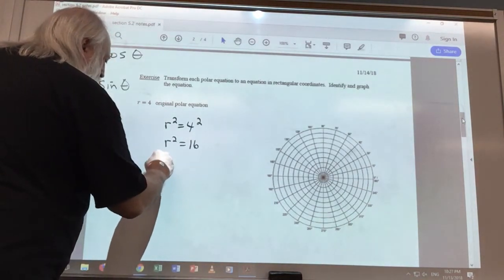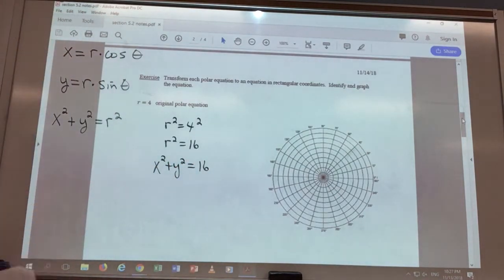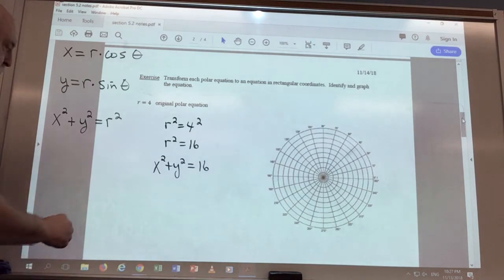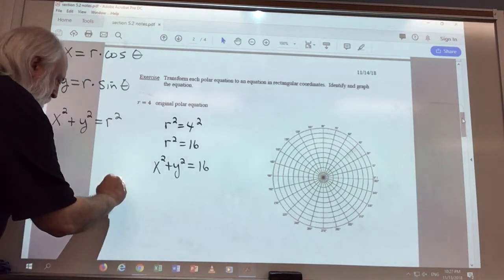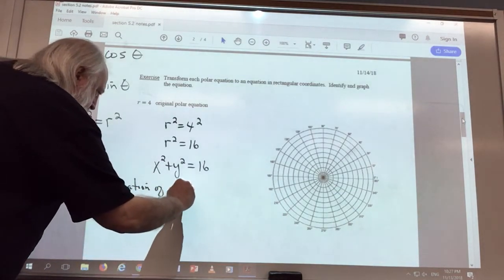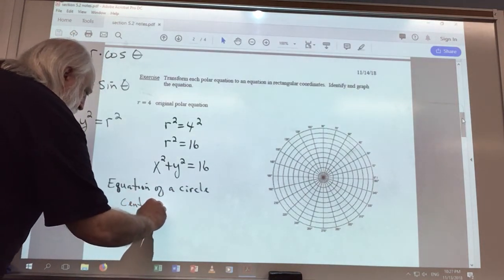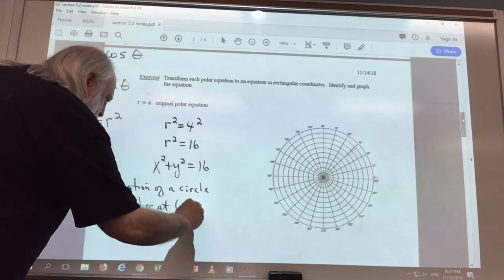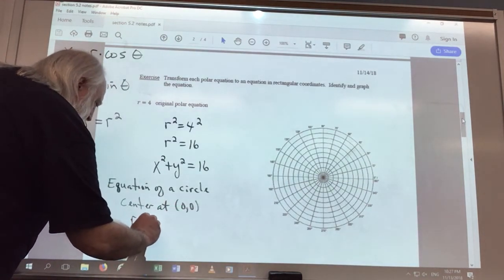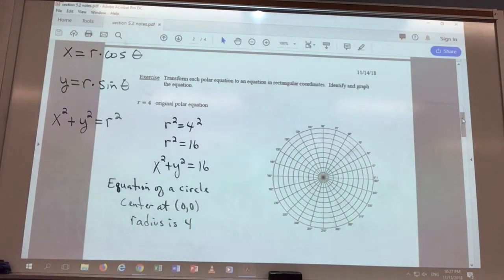So when I replace r squared with x squared plus y squared, you should immediately recognize that that's the equation of a circle where the center in the coordinate plane is at the origin, and the radius is 4 units.